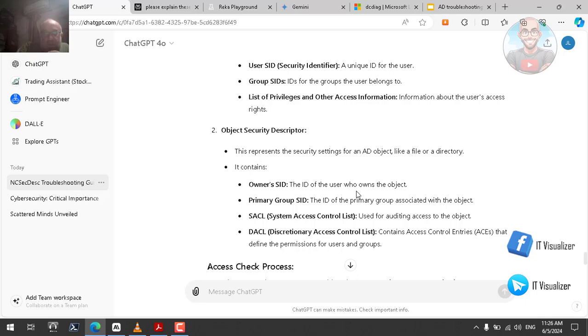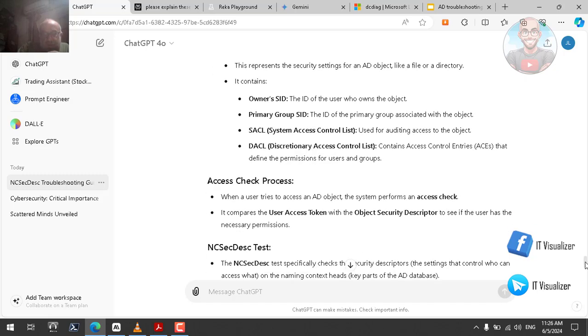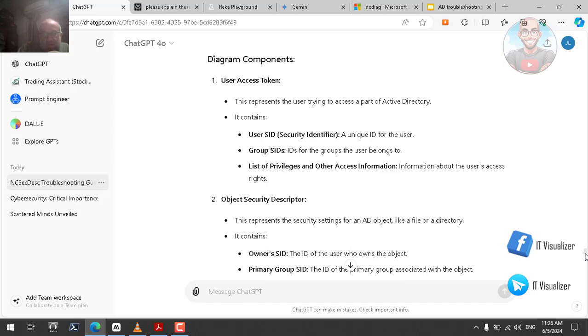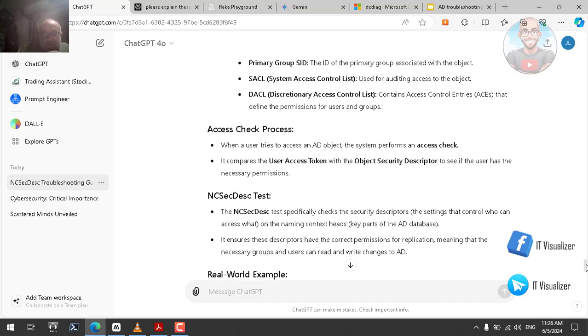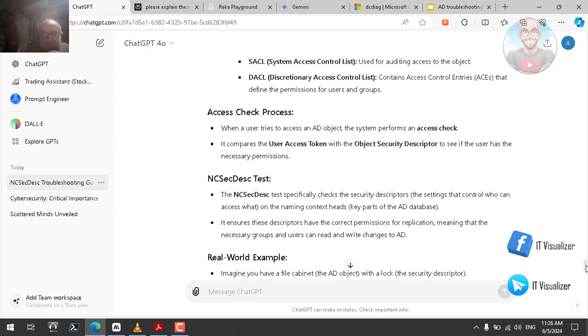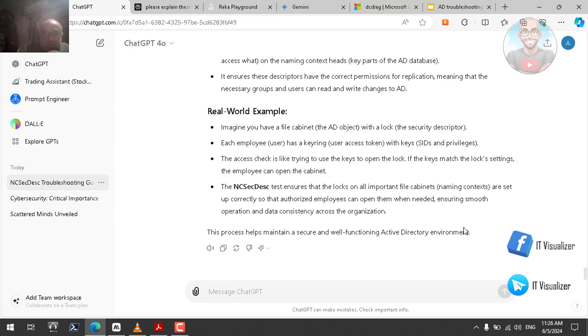The owner SID is who owns it, the primary group, the list used for auditing access to the object, and it contains access control entries that define the permissions for users. Okay, and then the check process, comparing the token and security descriptor. Very, very good example. Let me read it loudly.